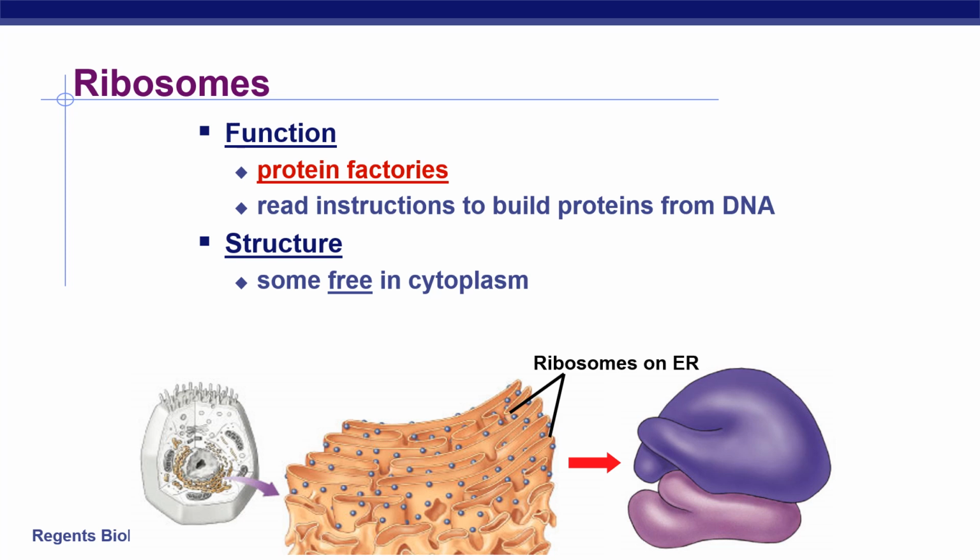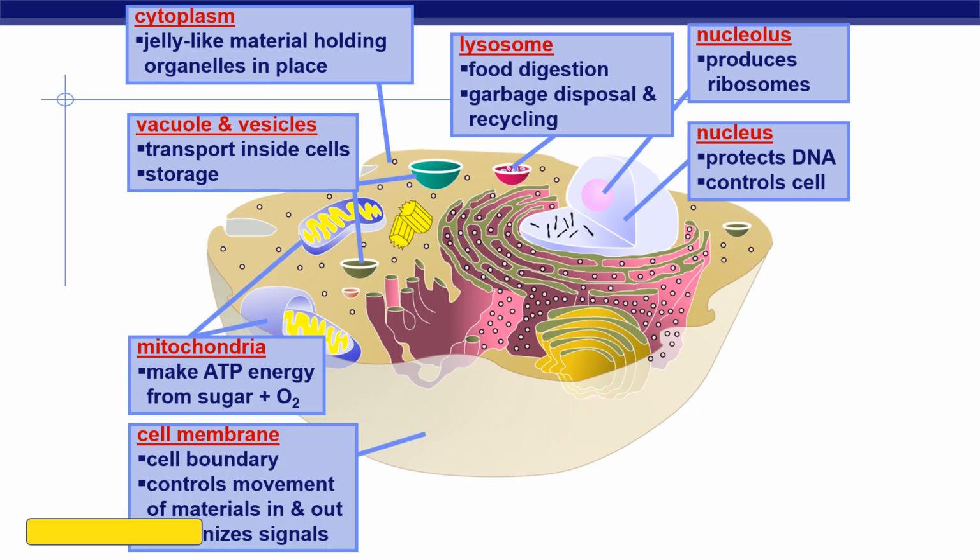So, going back to the whole thing of the cell, you would see some free ribosomes that are found in the cytoplasm, but some may be attached to the ER, or what we call the endoplasmic reticulum. So we have here the different ribosomes. As I said earlier, it could be attached or it is free.